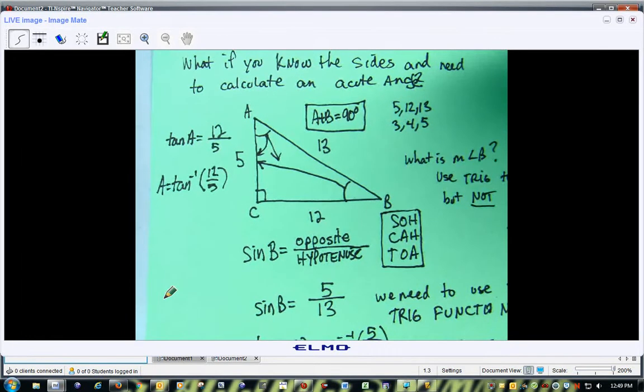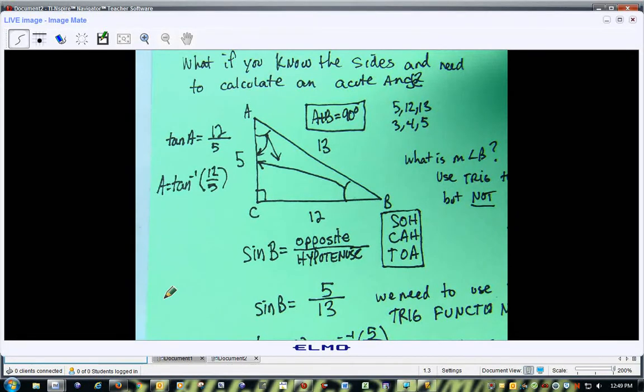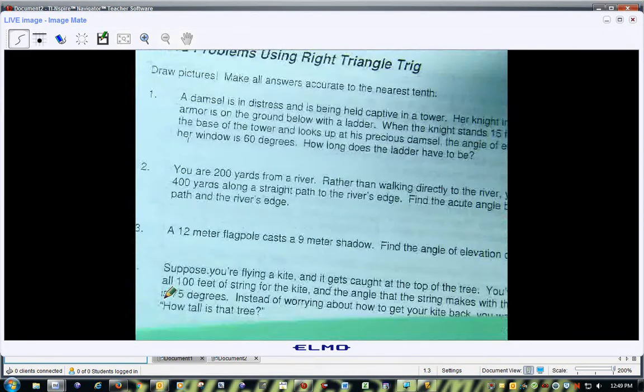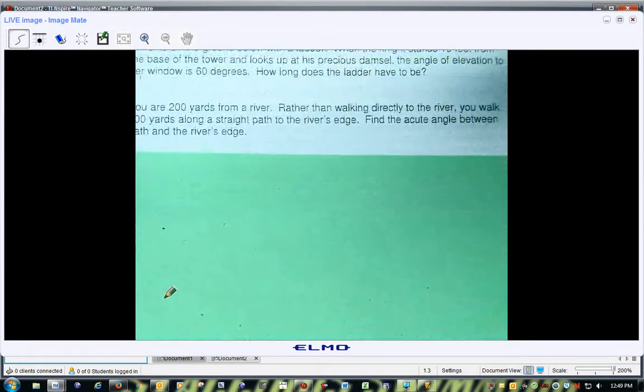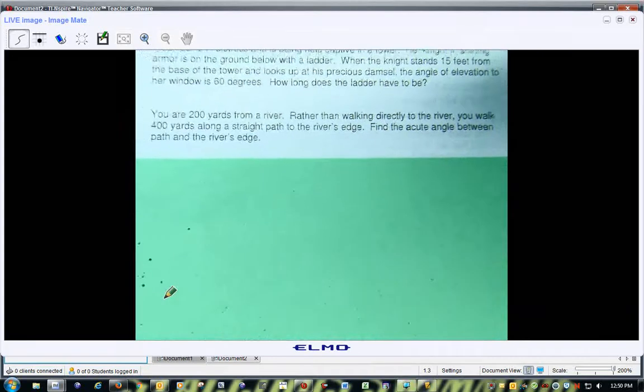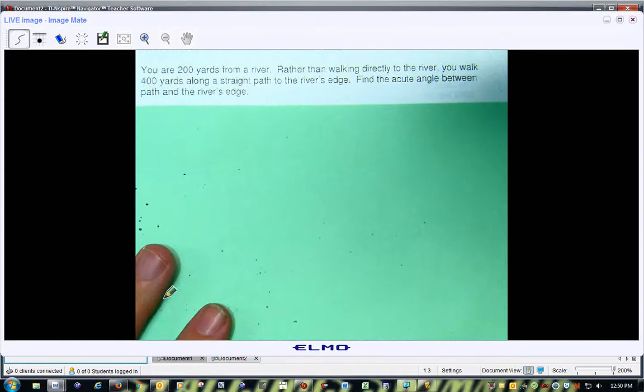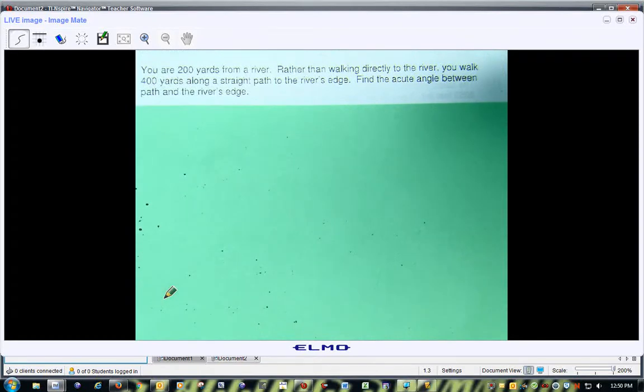All right, let's take a look at number 2 on the right triangle trig worksheet. You are 200 yards from a river. Rather than walking directly to the river, you walk 400 yards along a straight path to the river's edge.